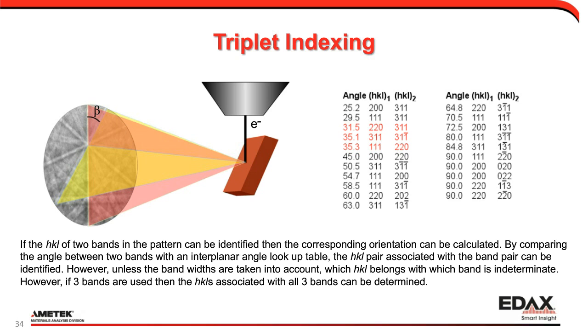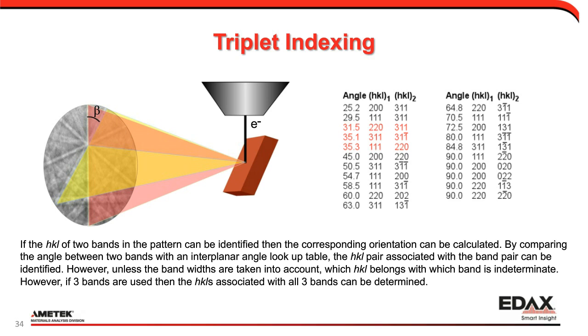We can't tell them apart. We only know the angle is there. So by finding 3 bands and working on 3 band sets, we can uniquely define which band corresponds to which plane very easily without having to bring other solutions and other measurements into the issue.